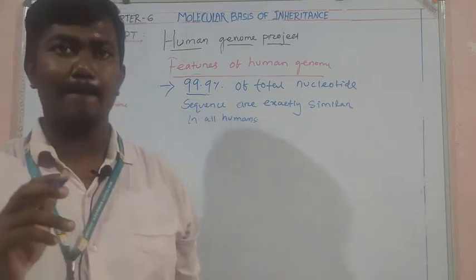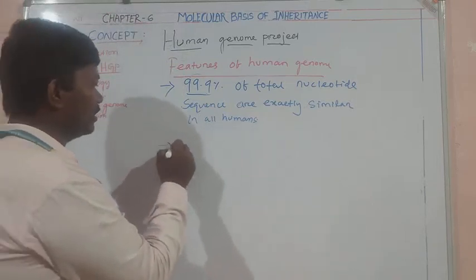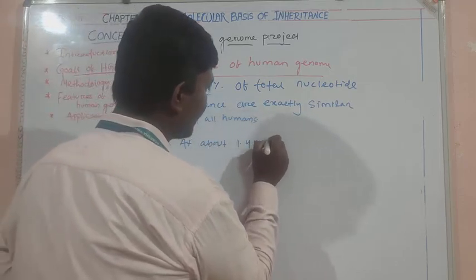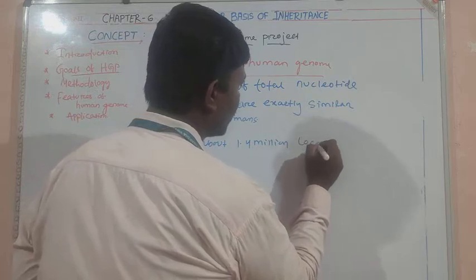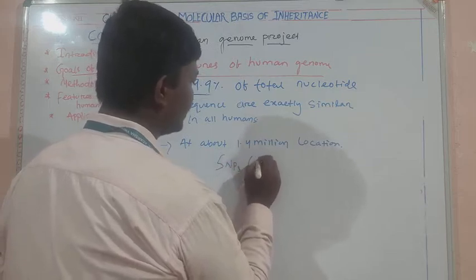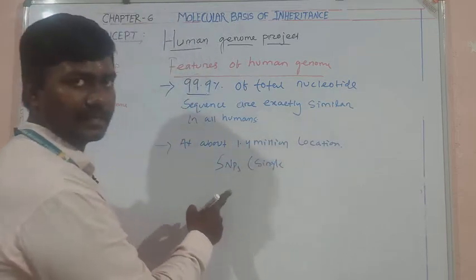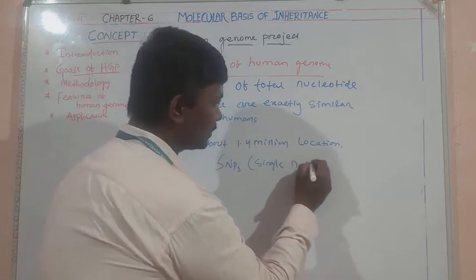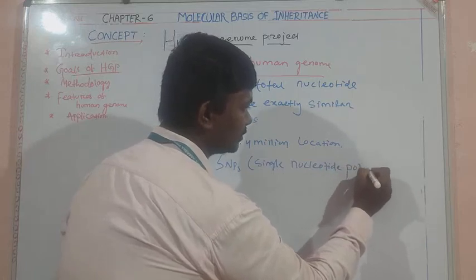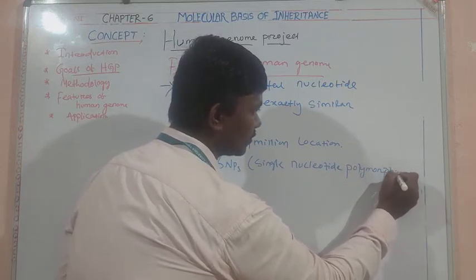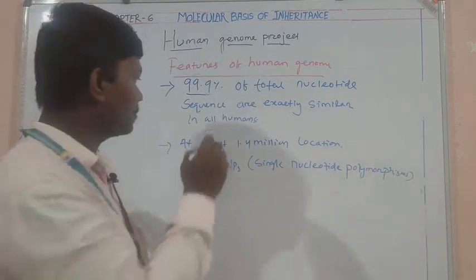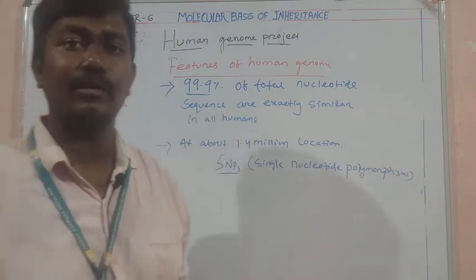At about 1.4 million locations there are SNPs, that is single nucleotide polymorphisms.